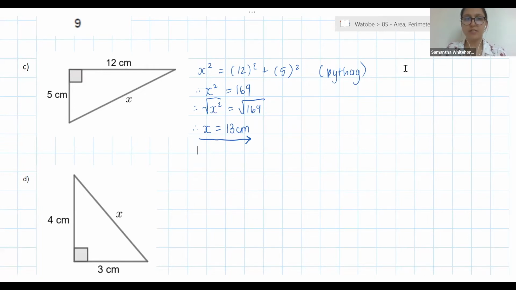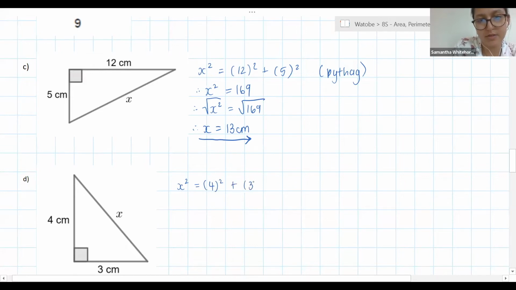Zali, do you want to give us D? Yes, ma'am. I'd like to give you D, ma'am. Perfect. So I said x equals 4 centimeters squared plus 3 centimeters squared. Good. Then I got the answer of 25. Perfect.